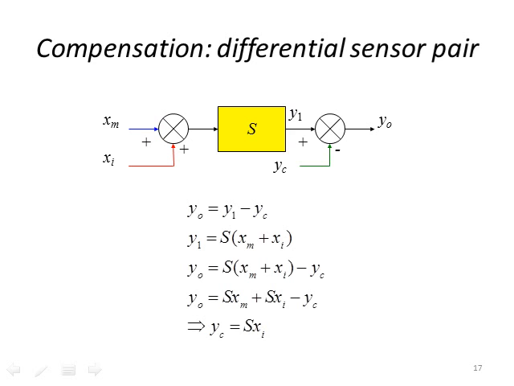So through this example, on the top you'll see that Y0 is equal to Y1 minus YC, and then Y1 is the transfer function S operated on XM plus XI, and then our output becomes Y0 is equal to SXM plus SXI minus YC. And in this case, what we want to do is apply a compensating signal that's essentially the transfer function operating on the interfering signal XI.